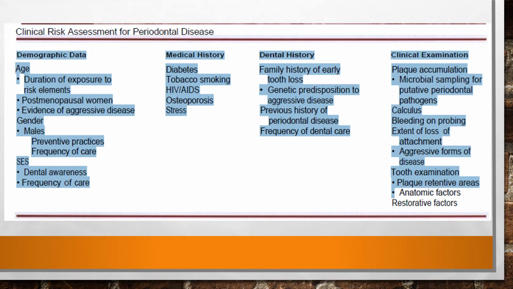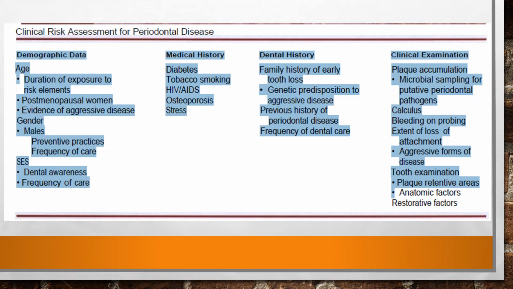So coming to the clinical risk assessment for periodontal disease, we have to assess the risk factors. We have already discussed the risk elements, each element and how it could affect the periodontium. Then, before going for treatment planning, under demographic data we could assess age, gender, socioeconomic status, and under medical history, diabetes, smoking, AIDS, osteoporosis, stress.